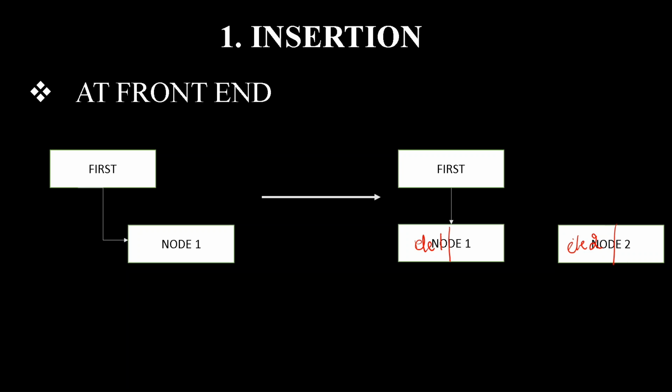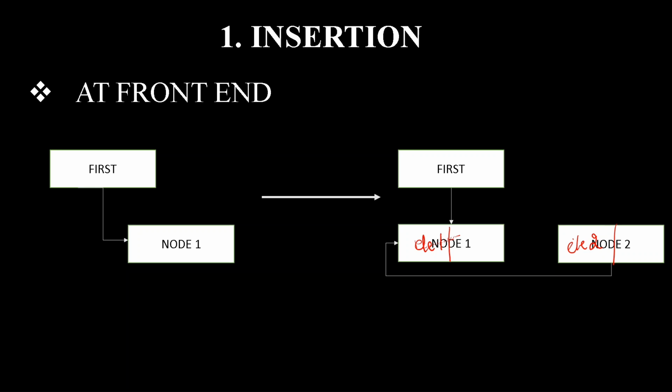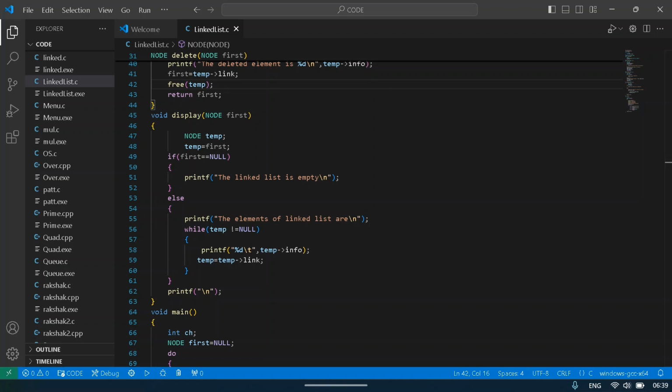Now here the first is pointing to node 1, so obviously the linked field is now pointing to first, so it will be pointing to node 1, and then first is equal to temp, so now first will be pointing to node 2 because it is the newly created node. This is the insert front function. I'll just run the VS Code for better understanding.